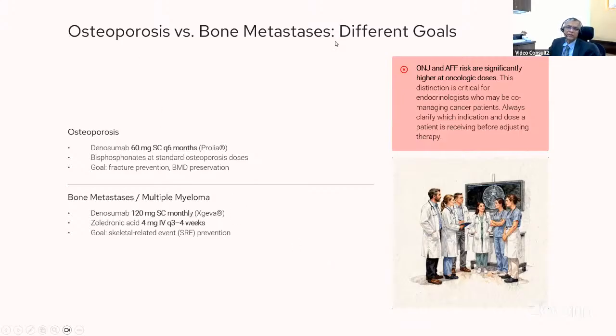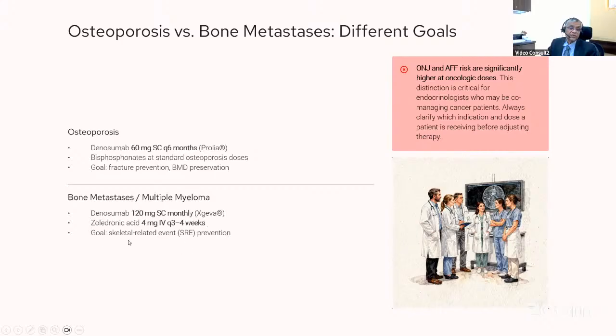Osteoporosis versus bone metastasis, different goals. In osteoporosis, you use denosumab once in 6 months, or bisphosphonates at a standard osteoporosis dose. The goal is to prevent the fracture and preserve bone. Whereas in bone metastasis, denosumab is used at double the dose given monthly. Zoledronic acid is given every 3 to 4 weeks.